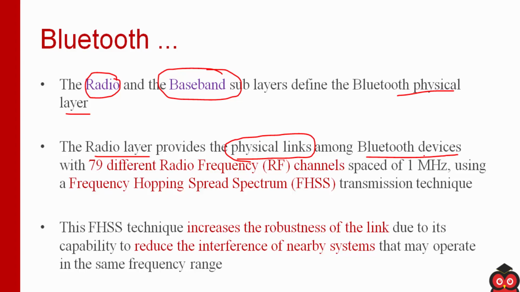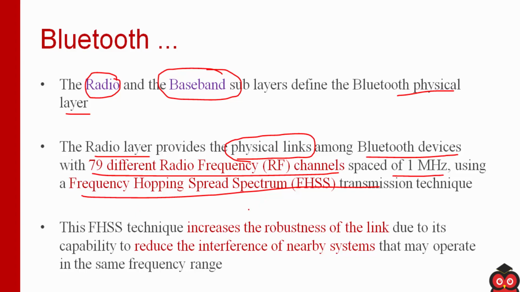When Bluetooth devices connect with each other, how is the link established? Through the radio layer. It uses 79 different radio frequency channels which are spaced by 1 megahertz, using a transmission technique called frequency hopping spread spectrum.